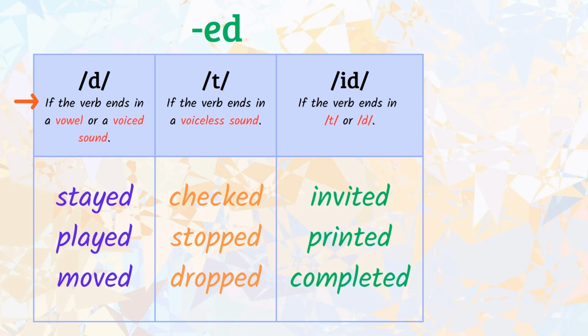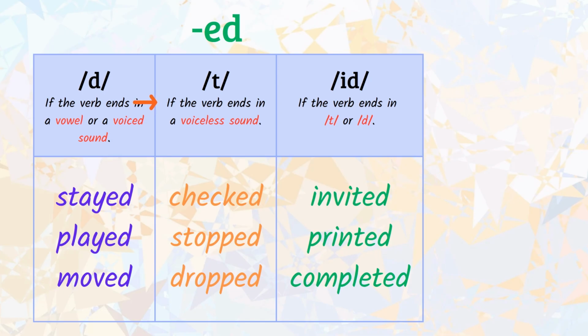The first pronunciation is d, d. And we apply it to the verbs which end in a vowel or a voiced sound, like stay, stayed, play, played, and move, moved. The next pronunciation is t, t.